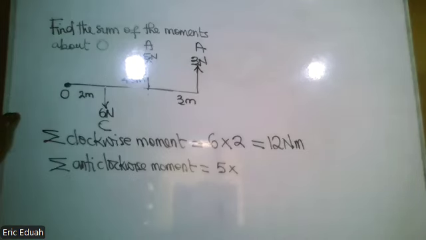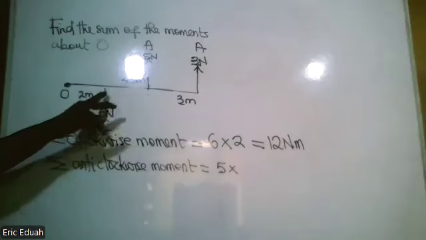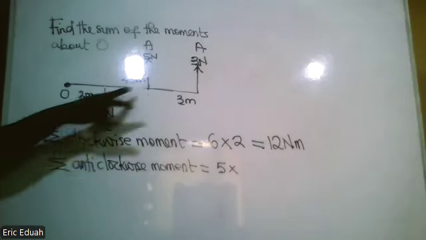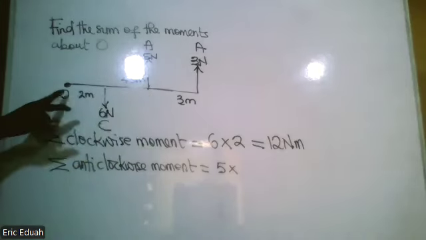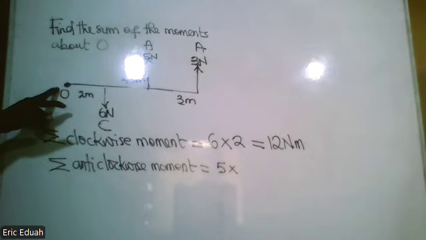No, wait, it's 6.5. 4.5 is from the 6 Newton to the 5 Newton, and the perpendicular distance is from the pivot.